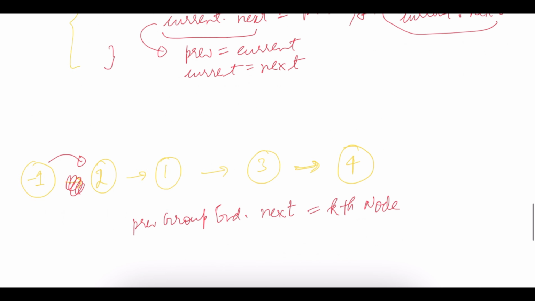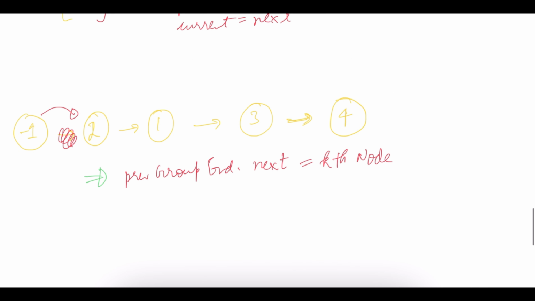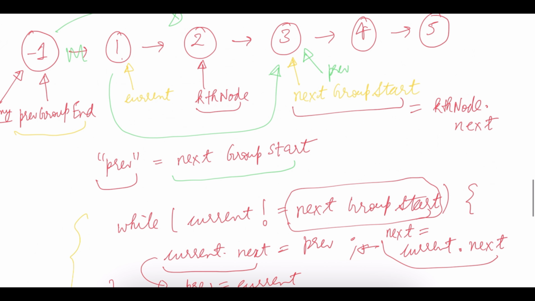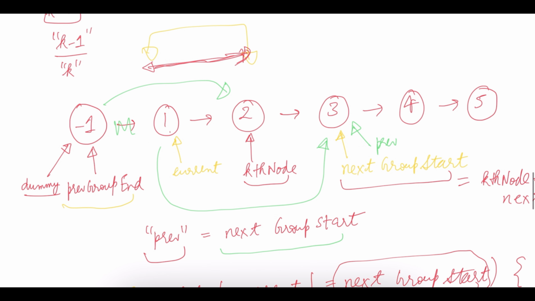So we can do this here, and after we do this, we can update the previous group end to the start of our previous group. The start of our previous group was here, group start. Let me call this group start. We also need this variable so that we don't lose reference to the start of a particular group.